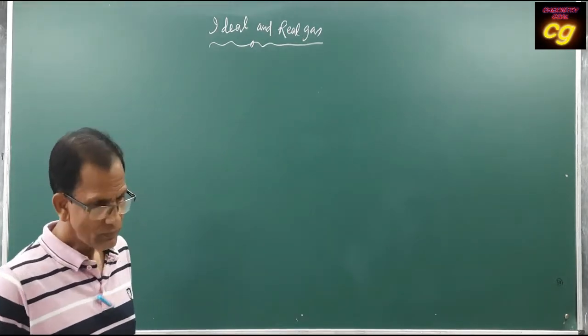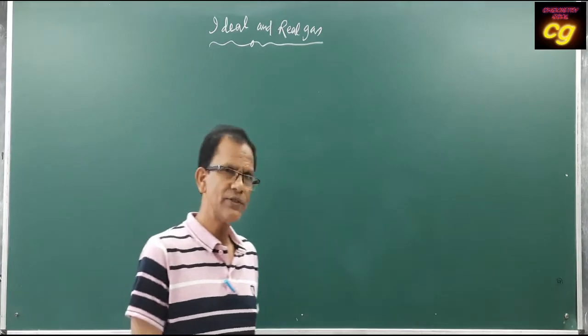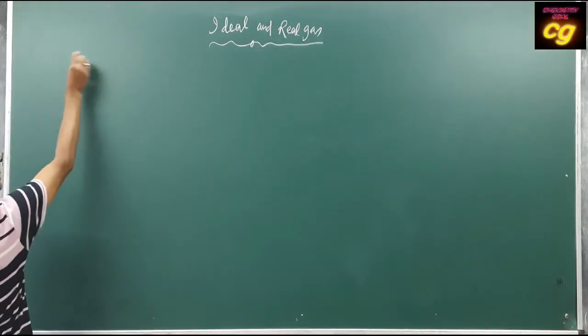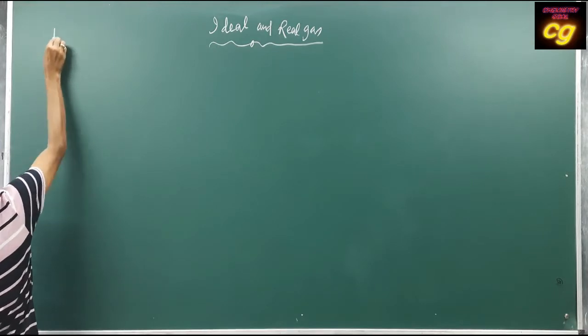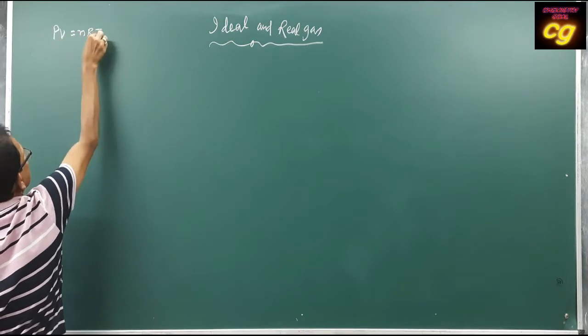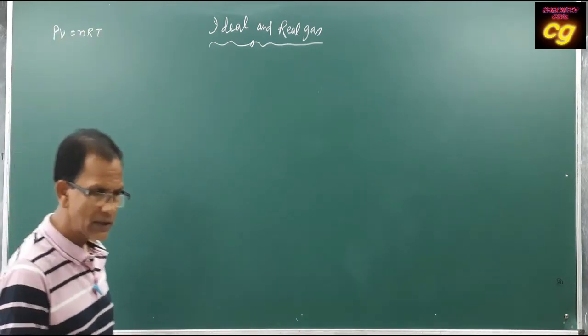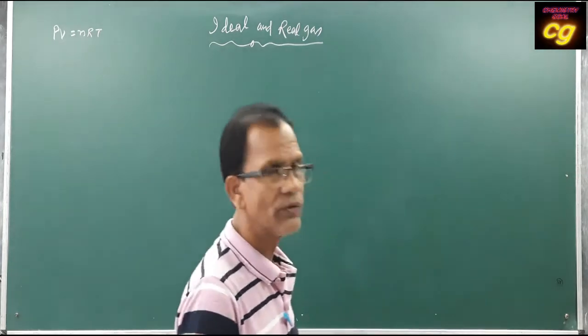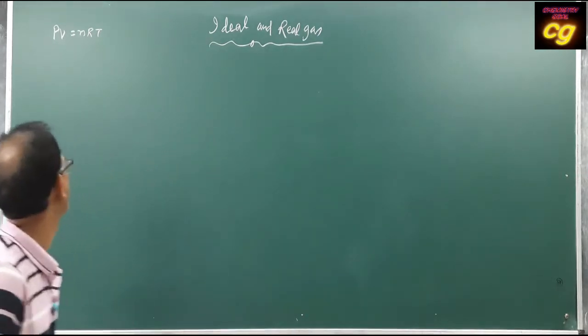So ideal gas means it obeys the ideal gas equation, that we know, PV is equal to nRT. This is the mathematical equation for an ideal gas.